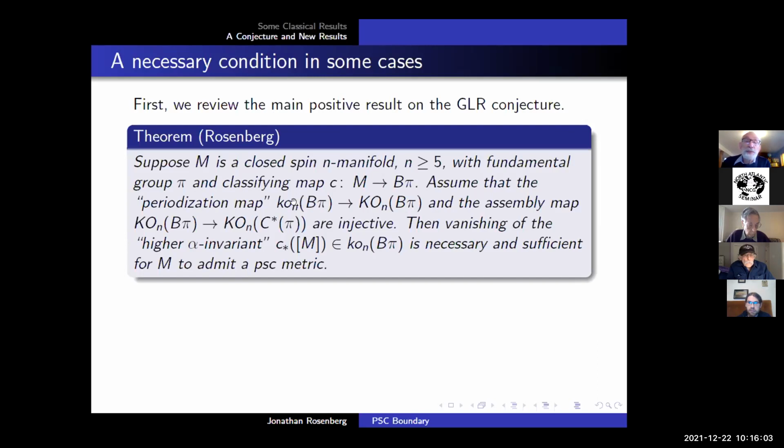And you only have to check it for the value of N which is the dimension of the manifold. So even if it fails for some other dimension, if you're interested in a particular manifold, it might be true there, even if it's false in general. Okay, does that answer your question?